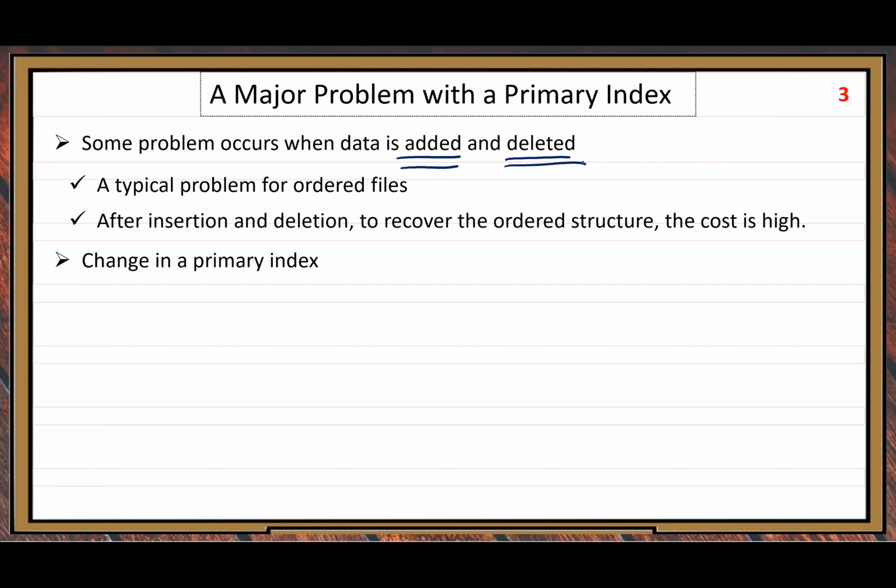Change in the primary key. Let's look at how much change work we need to do in that situation. Move records to make space for a new record. Think about after insertion, do you need to provide a new location for the new entry?